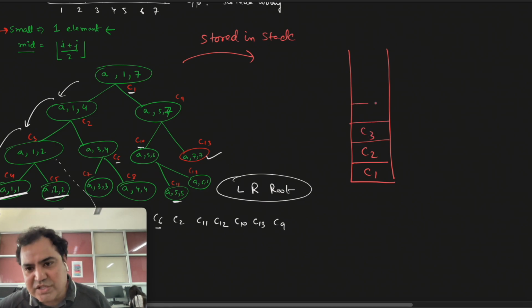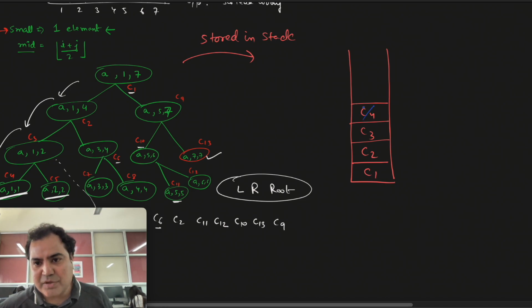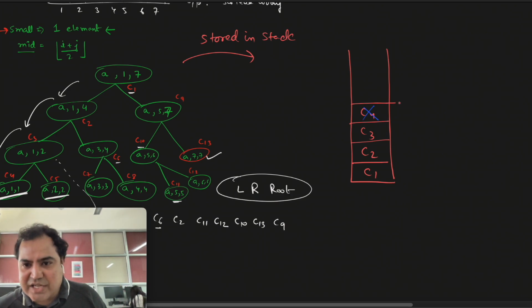And now you see C4 will come. As soon as C4 comes, since this problem is small and there is only one element, it will get executed and go out of the stack. I will cross mark it, because it has been evaluated. After C4 is evaluated, C5 will go inside the stack.